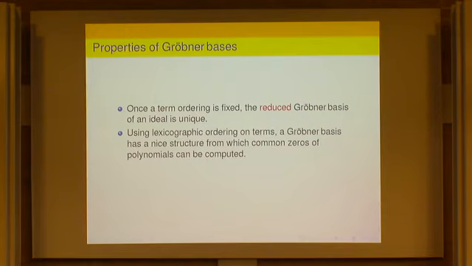For solving systems of equations, this is what you see happening in Mathematica, Maple, and other computer algebra systems. If you use lexicographic ordering, which is not a good ordering to use for computing Groebner bases, then you have a very nice structure from which the common zeros of the polynomials can be computed. You will again see some examples of that. Did you say it's not a good order to use?